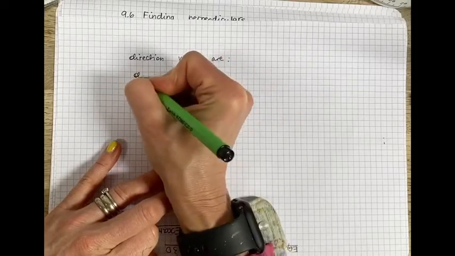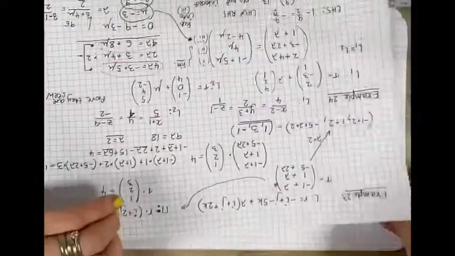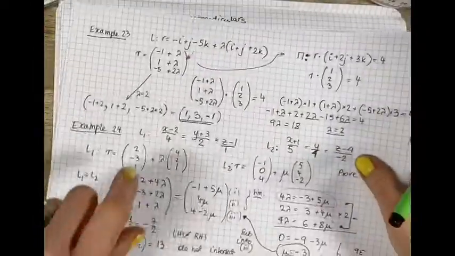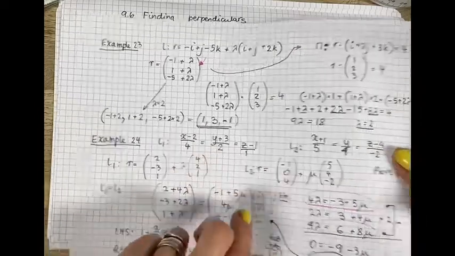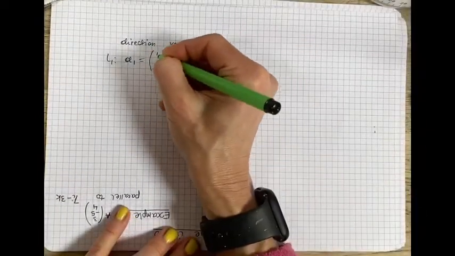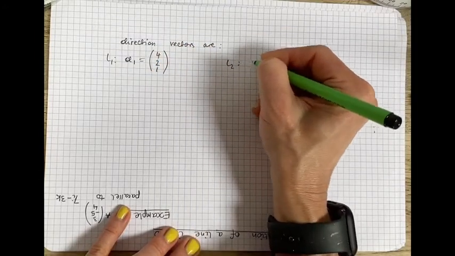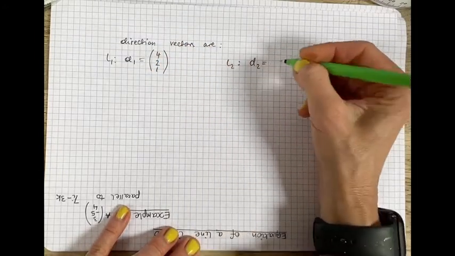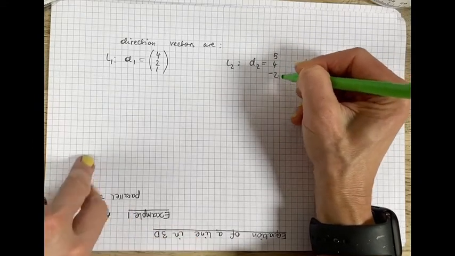So D1 from the line L1, this one here is going to be 4, 2, 1. From L2, your D2, that was 5, 4, minus 2.